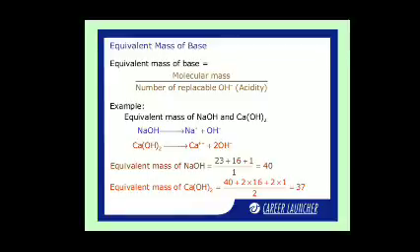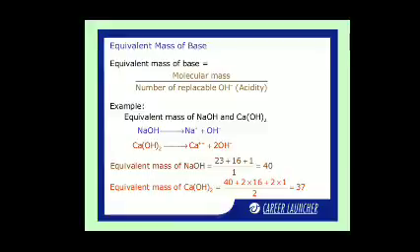Second one, calcium hydroxide. Calcium hydroxide ionizes to Ca2+ and 2OH-. So the acidity of calcium hydroxide is equal to 2. Gram molecular weight of calcium hydroxide: calcium, 2 oxygens, 2 hydrogens.